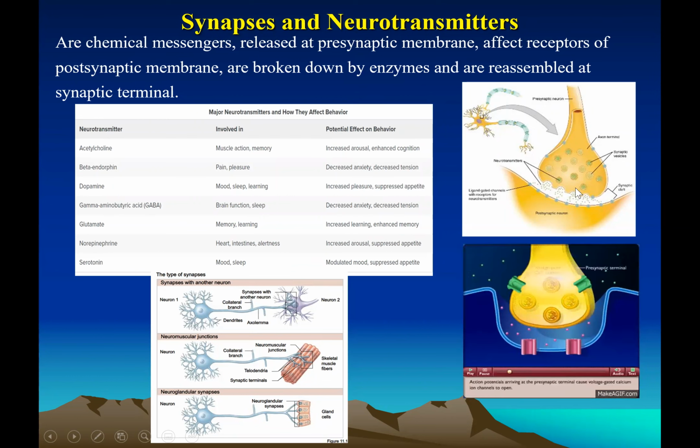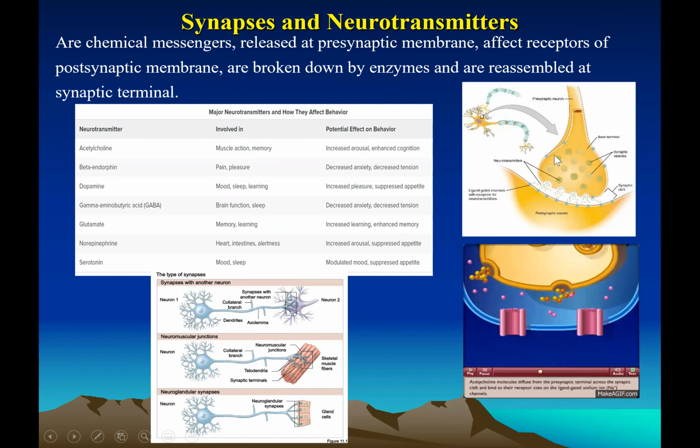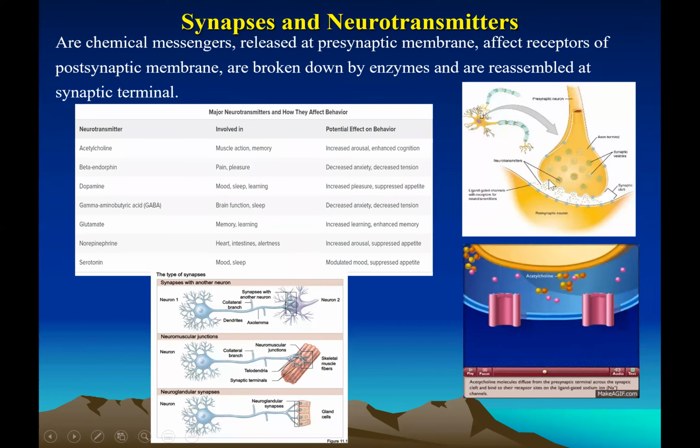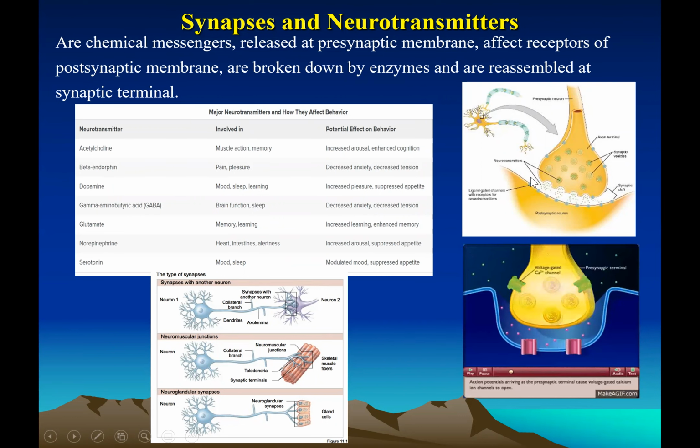When the action potential reaches the end, the synaptic terminal, the neurotransmitter is made in the endoplasmic reticulum. It will be packaged in the Golgi apparatus. There will be an influx of calcium here, and the vesicles will fuse with the cell membrane and spill into the synaptic cleft.